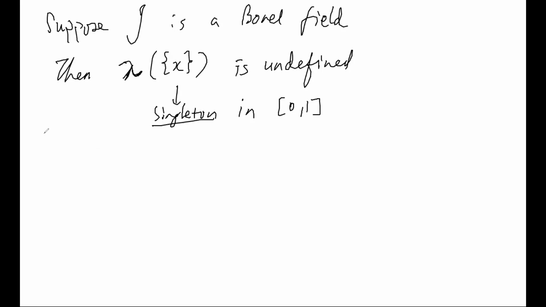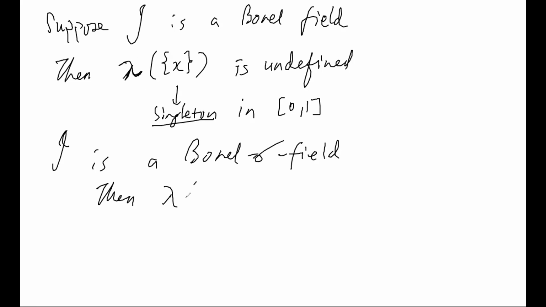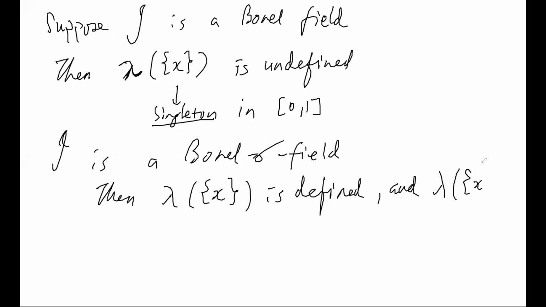It turns out that if your I is a Borel sigma field, then the Lebesgue measure on the singleton is defined and equal to 0. This is very interesting. The way you argue this is as follows.